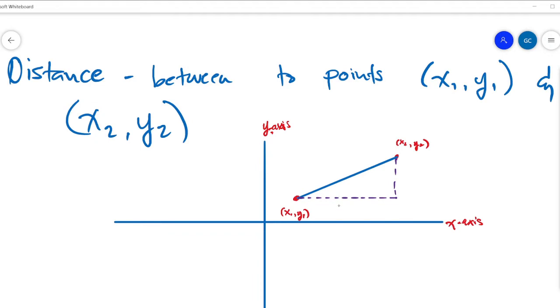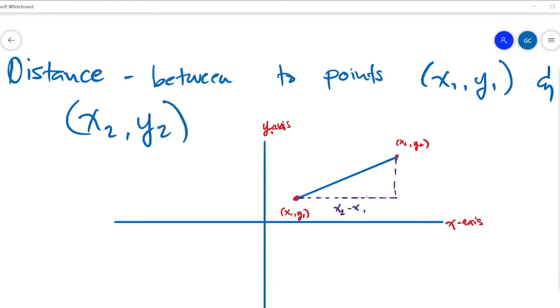As you may have remembered, the horizontal distance, this line below, is equal to the difference between our x's in the ordered pair. Meaning, we can measure this line by getting the difference, which is x2 minus x1.